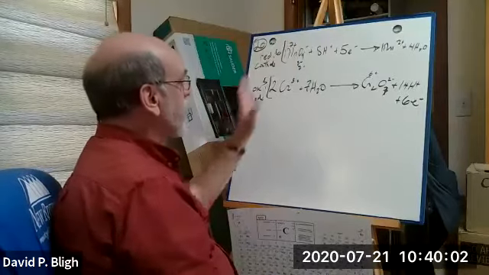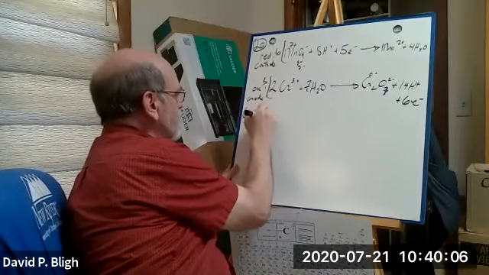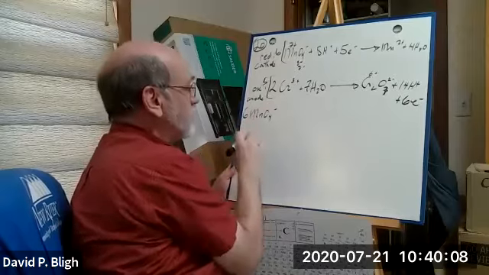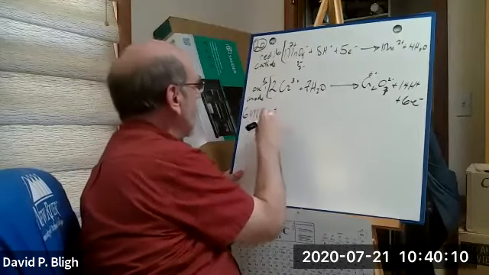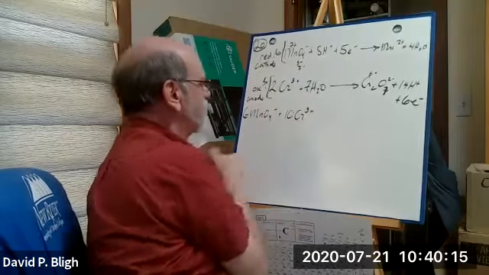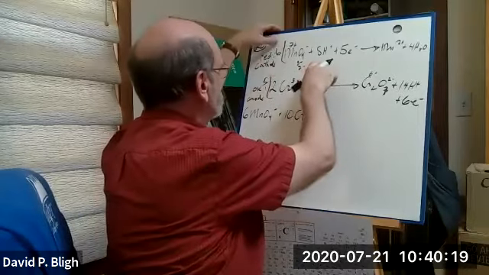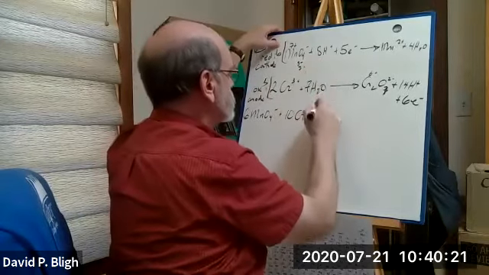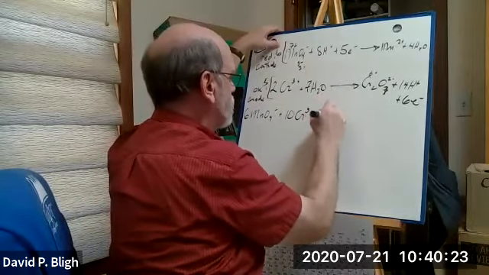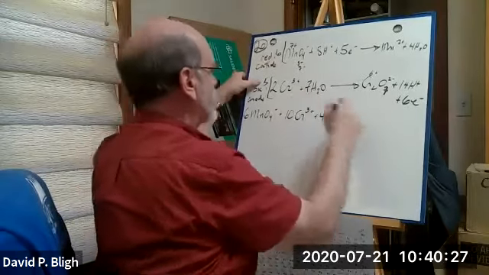So in order to do that, we have 6 manganate, and 10 chromium 3 plus, and then we have 48 hydrogens and 35 waters.